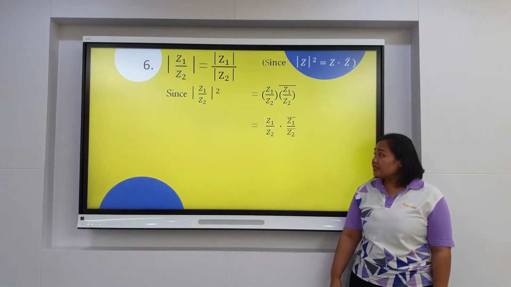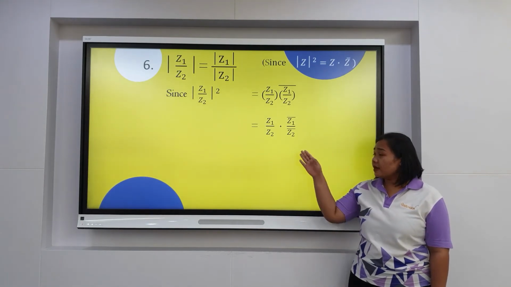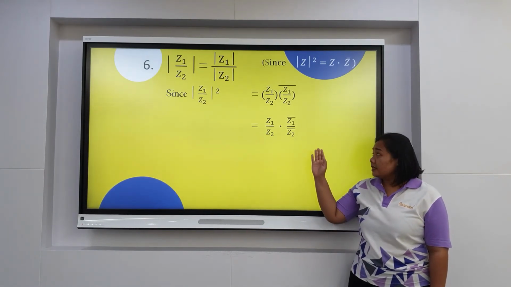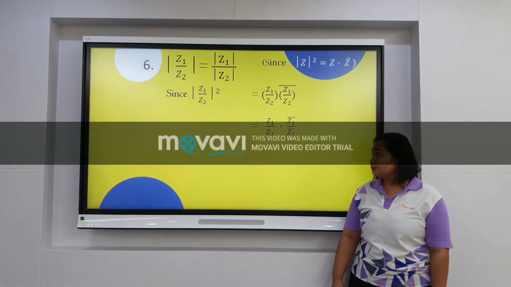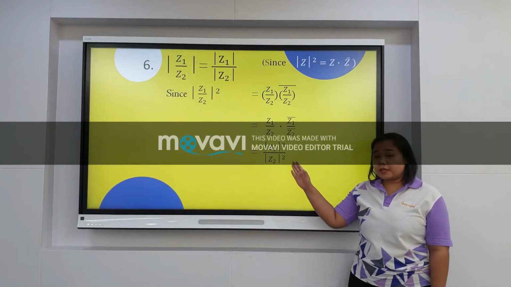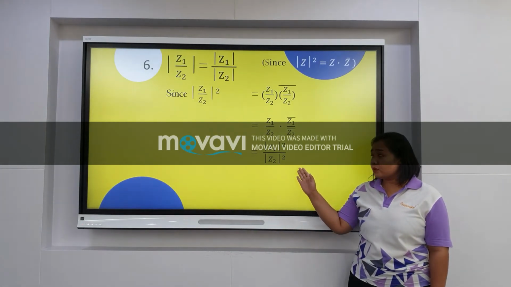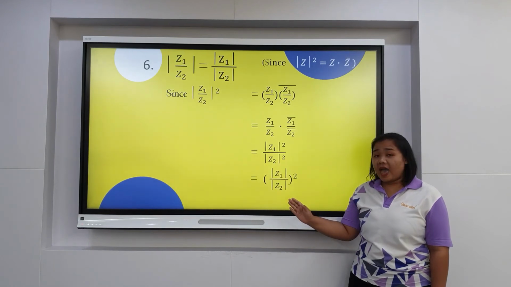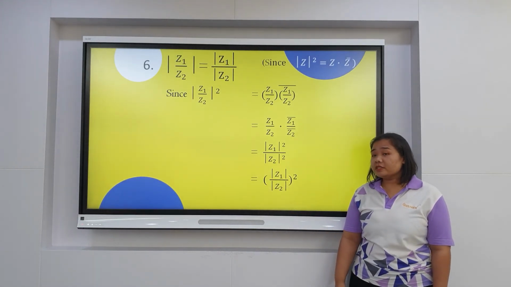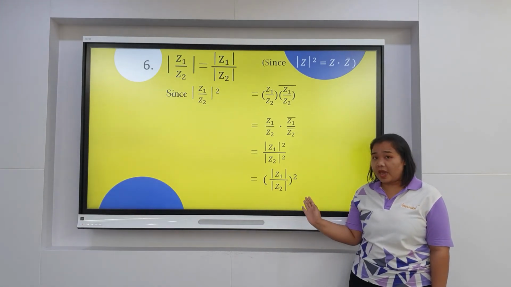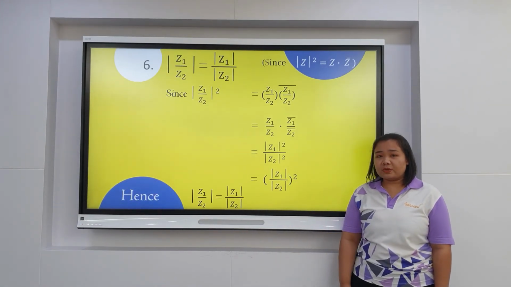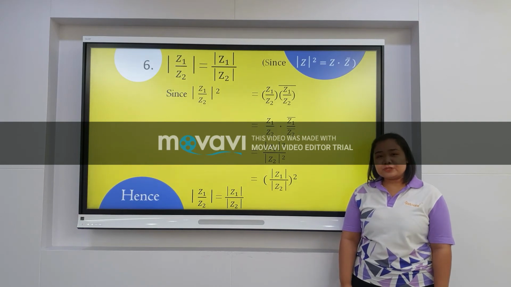We take the bracket out and get z1 over z2 times conjugate z1 over conjugate z2. We get absolute z1 squared over absolute z2 squared, and we reform the equation as (absolute z1 over absolute z2) squared. Hence, absolute z1 over z2 equals absolute z1 over absolute z2.